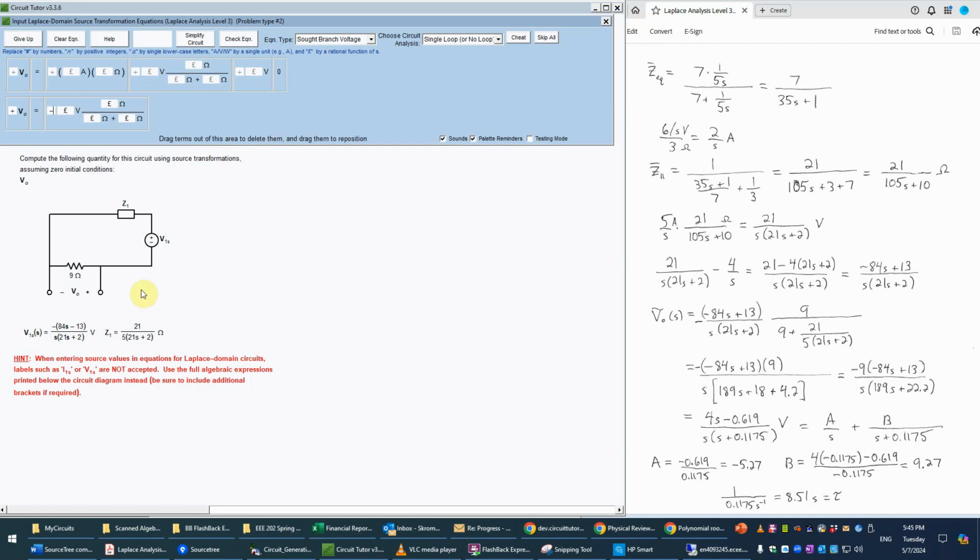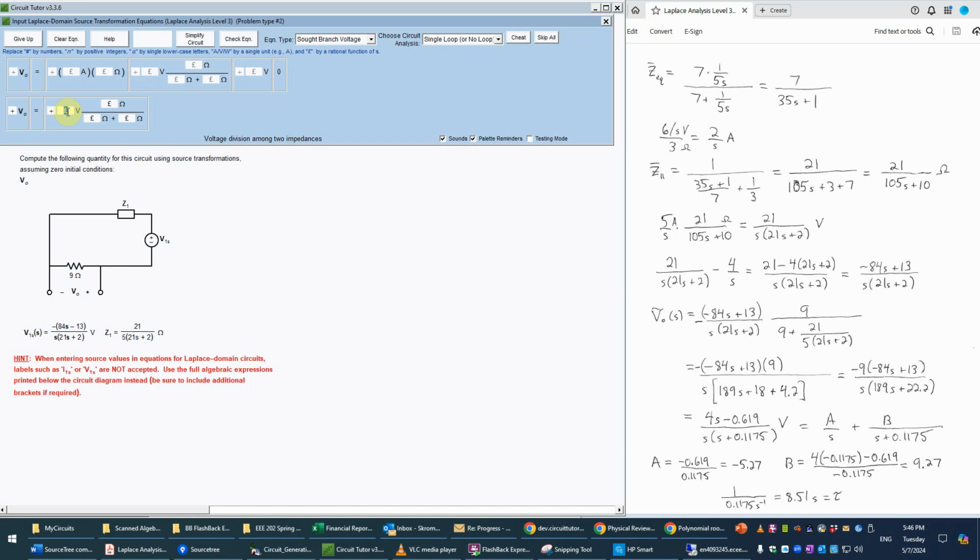Then the source value will be this V1s. Now, the program actually factored out the minus sign in front for us and pulled the minus sign out of the entire factor. So it made this negative. And that's actually a little bit better way to write it. So because it's already negative, I'm going to change this back to a plus in order to negate it. And then we'll just put in the value without the minus sign.